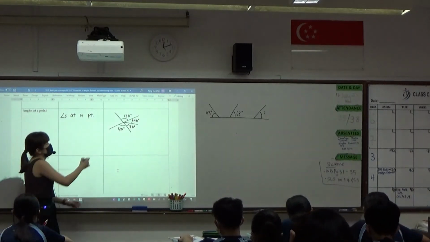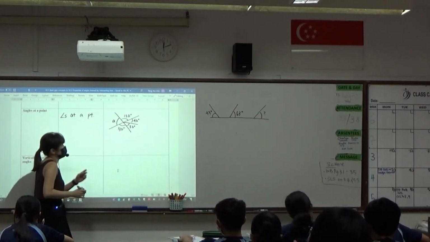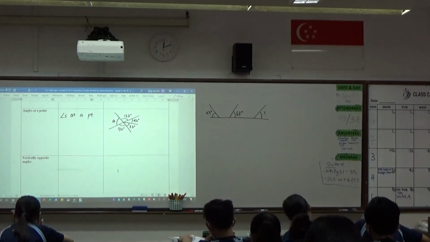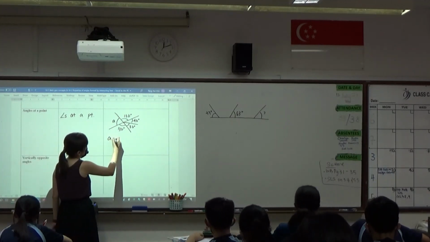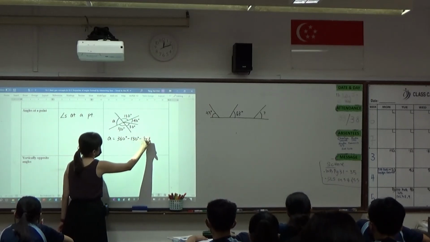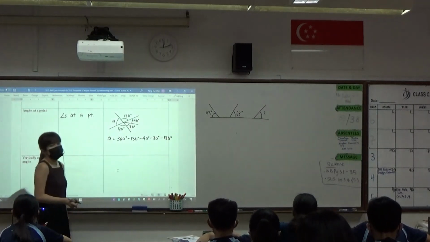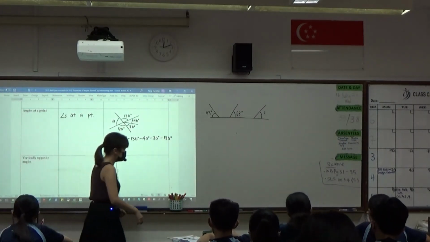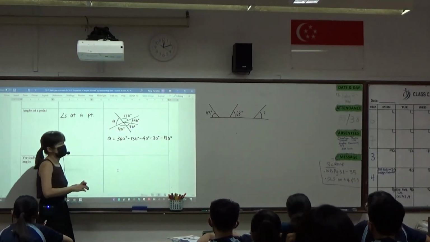So how do I find out the value of, let's say I call this A. So A will be equals to 360 degrees minus 130 minus 40 minus 30 minus 130, because they are all angles surrounding one point, which is here.